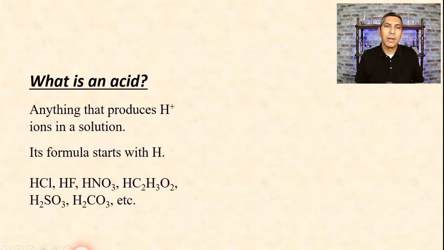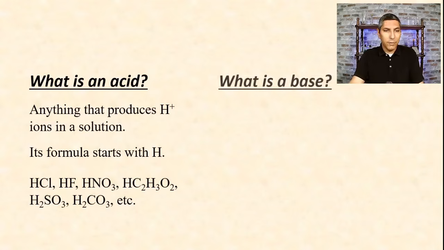So that would include compounds like hydrochloric acid, HCl, or hydrofluoric acid, HF, nitric acid, HNO3, acetic acid, which we often call vinegar, HC2H3O2, or sulfurous acid. We have carbonic acid, which is carbonated water. And so there we have some good examples of acids.